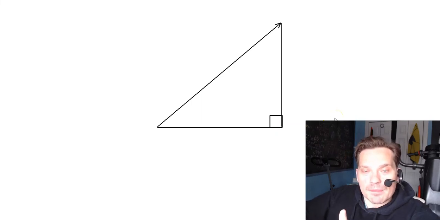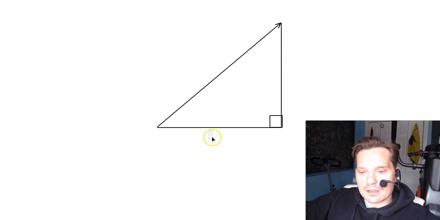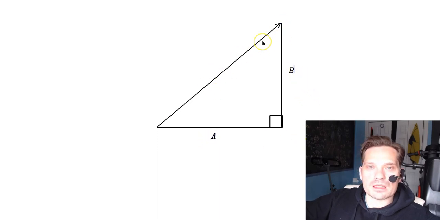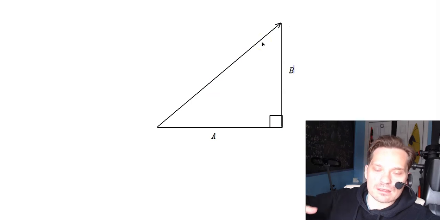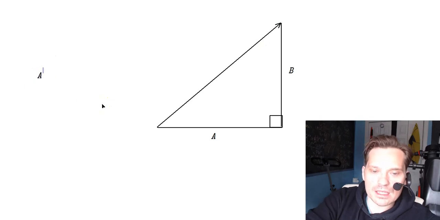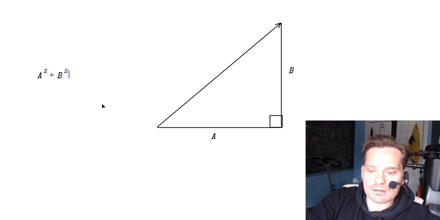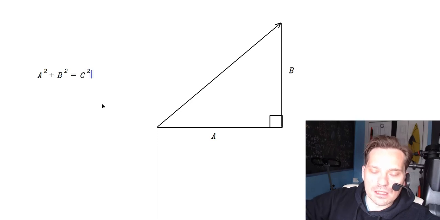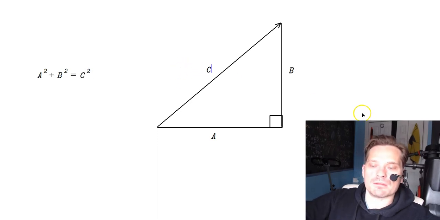Now we do know something about right triangles. If we call this a and we call this b, then the length of the hypotenuse, which here represents the magnitude of the vector, they're the same thing. Here you would say that by the Pythagorean theorem, a squared plus b squared is equal to c squared. So this right here is c.